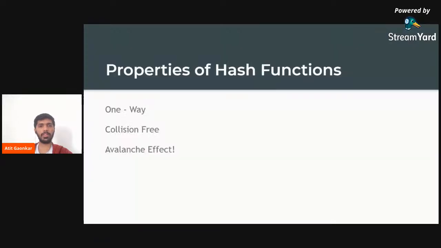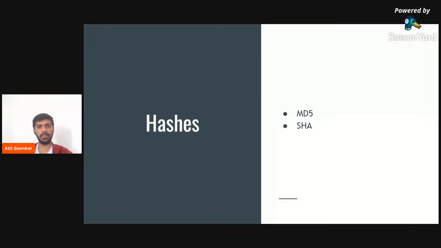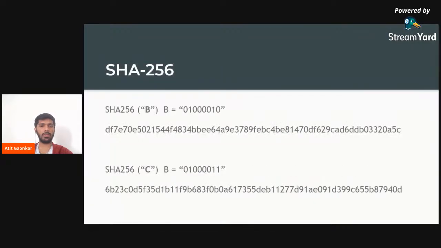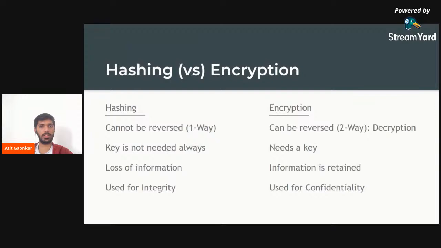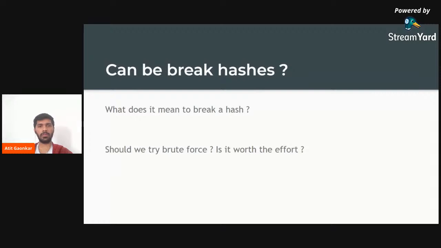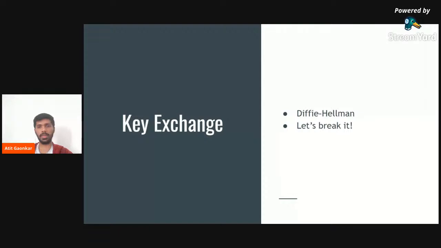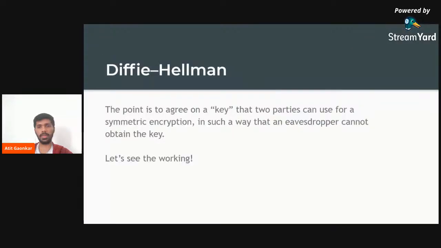We did discuss some of the properties of hash functions. Then we discussed 2 hashes mainly, MD5 and SHA. Not discussed as in, you were just introduced to 2 algorithms. Furthermore, we discussed hashing versus encryption and how we can break hashes. We did Diffie-Hellman. We broke Diffie-Hellman.